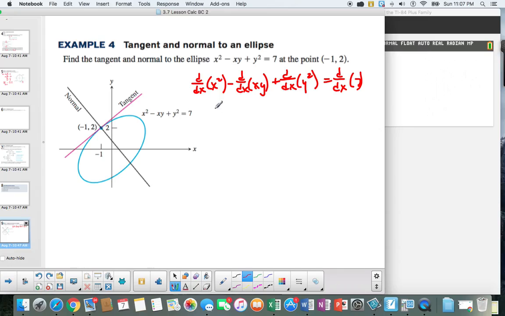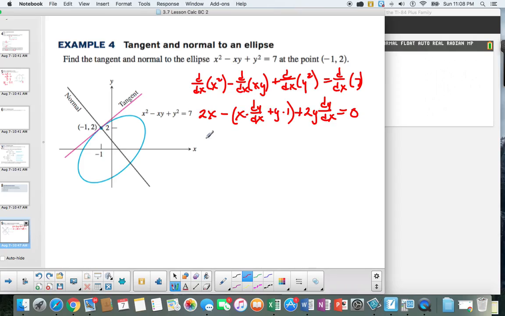So this answer will be 2x, and then this one will be x times dy/dx, I'm using the product rule, plus y times dx/dx, which is just 1, plus 2y, this is using the chain rule, dy/dx, and then this will be 0.